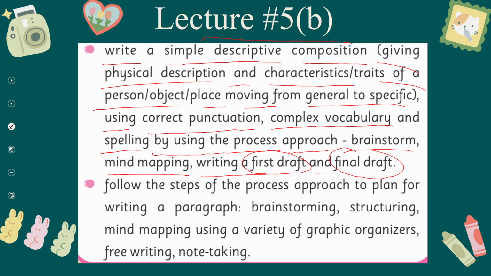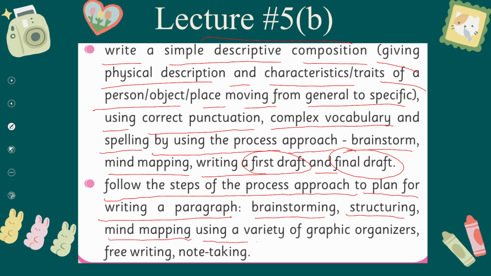The next one, we will be following the steps of the process approach to plan for writing a paragraph: brainstorming, structuring, mind mapping, using a variety of graphic organizers, free writing, note taking.